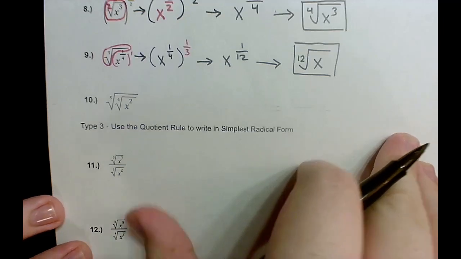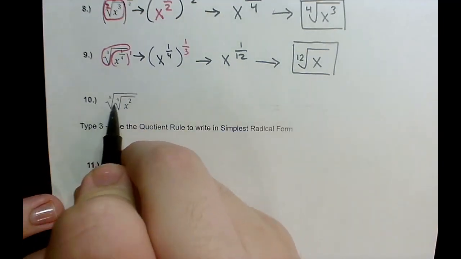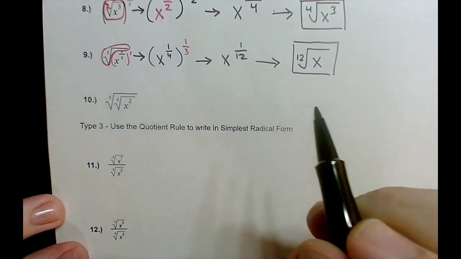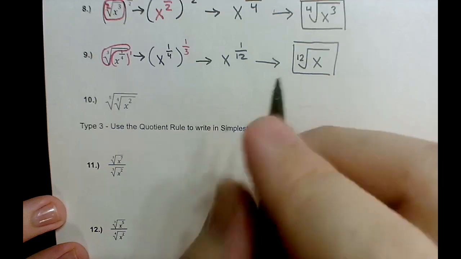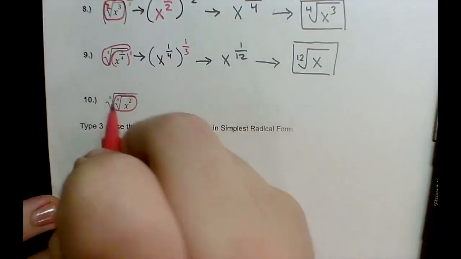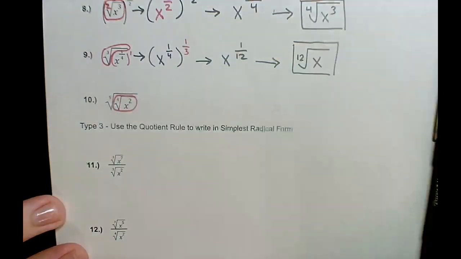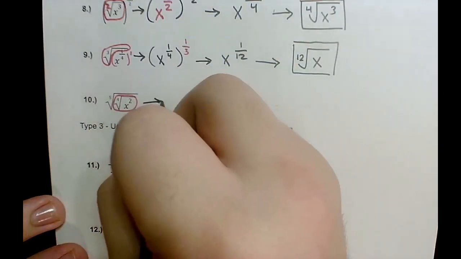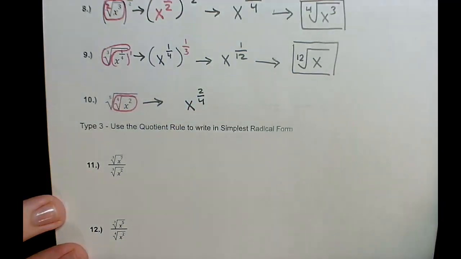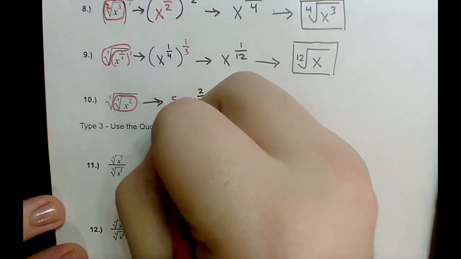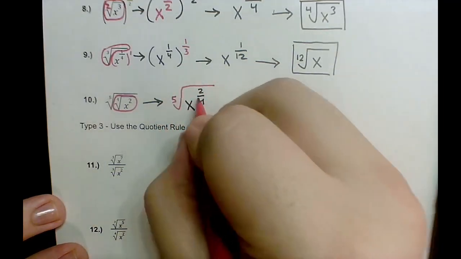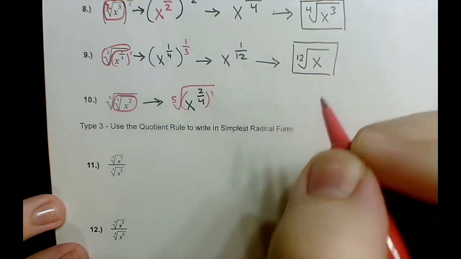For number 10, we've got the 5th root of, the 4th root of x squared. My goodness, why is life so mean sometimes? Okay, so let's go ahead and take care of this first. The 4th root of x squared could be rewritten as x to the 2/4 power. But then we've got it inside of this 5th root. Well, that is the fifth root of all of that to the first power.